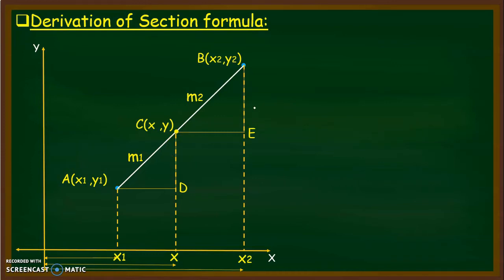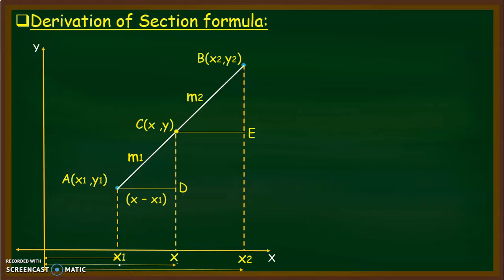Now if you want to find out the base of the first triangle, that is AD, how will you find it? You can see here this point D is at the distance of x from the x-axis, and point A is at the distance of x1. So this distance AD will be equal to x minus x1.